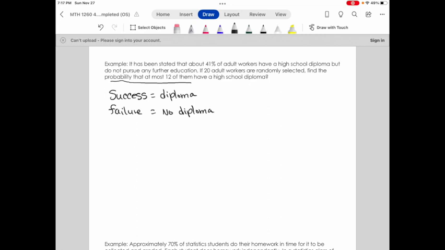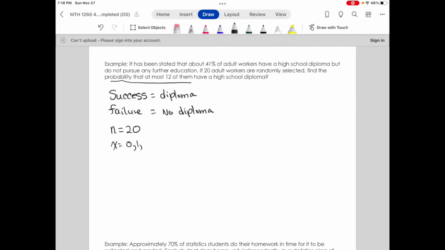Now I'm setting it up like this because what we're looking for is the probability that at most 12 of them have a high school diploma. So that's why I'm aiming at having success as having a diploma. It tells us that they're going to randomly select 20 adult workers, so that means we're going to have 20 trials. Every time we pick a person, that's a trial, and we find out if they have a diploma or not, and that's considered our experiment.